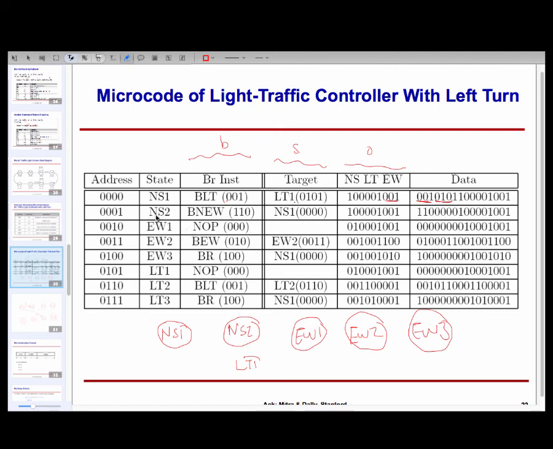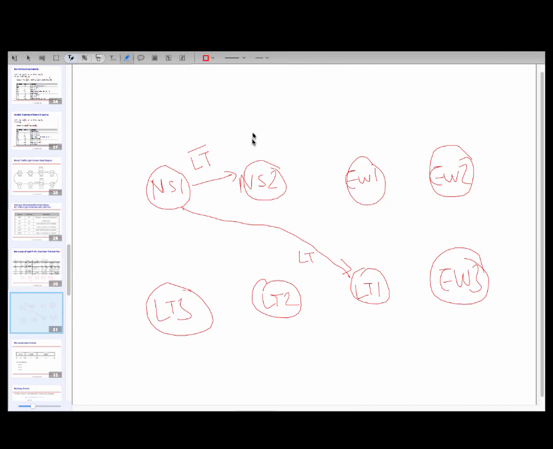Next state is NS2. Here we are saying branch if not east-west to NS1. So east-west, we have two sensors, LT and EW. So it's saying branch if not east-west to NS1. So if not east-west, we go back.